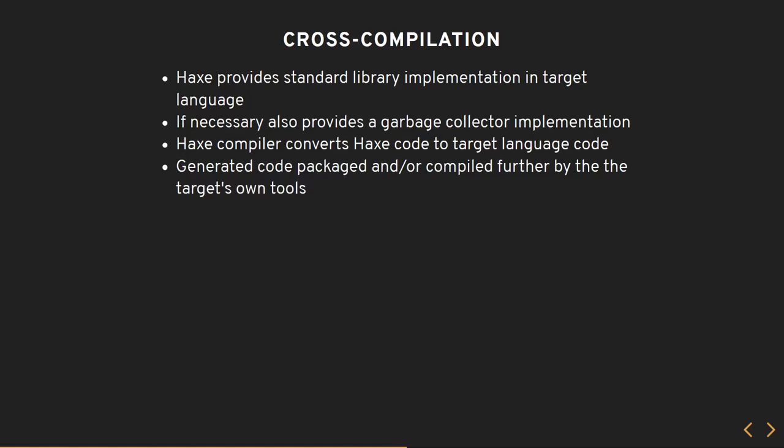So Haxe needs to re-implement its standard library inside of that language. As a regular Haxe developer, you don't really think about that. That's already done for you. Also the garbage collector. Depending on your target language, Haxe will provide one or not.